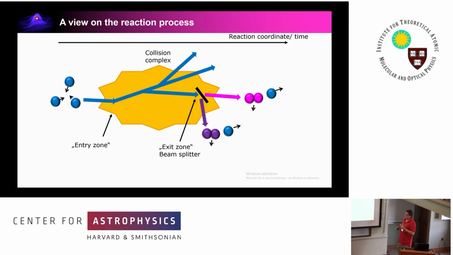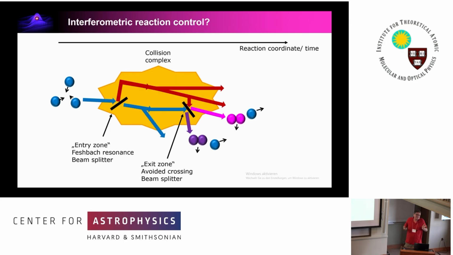Now you could think about what happens if we have the two beam splitters combined. So we have one in the entry zone and one in the exit zone. And you could say, okay, we have this path here where the blue just goes right to this beam splitter, creates the two.